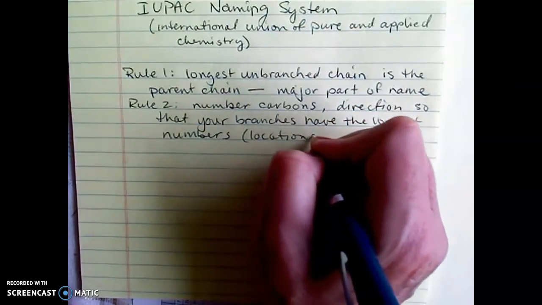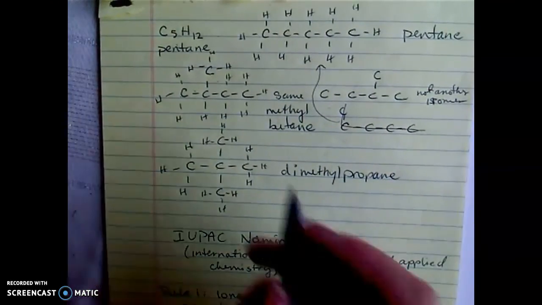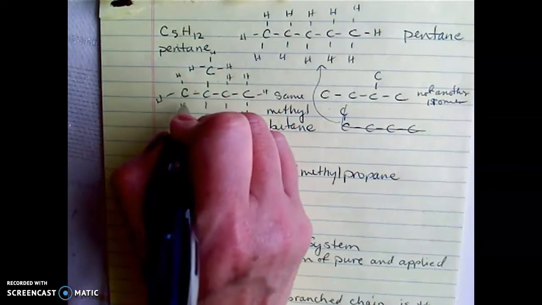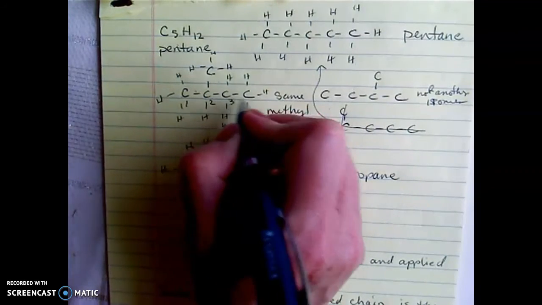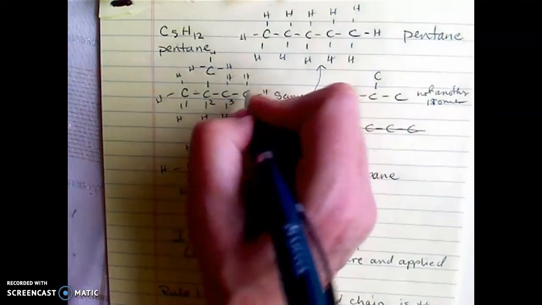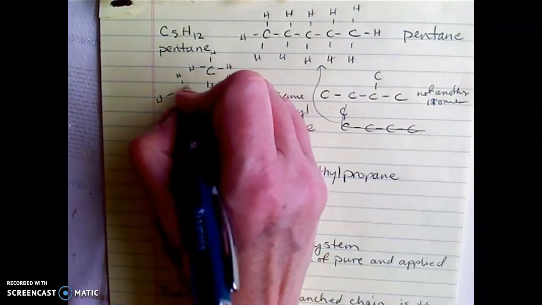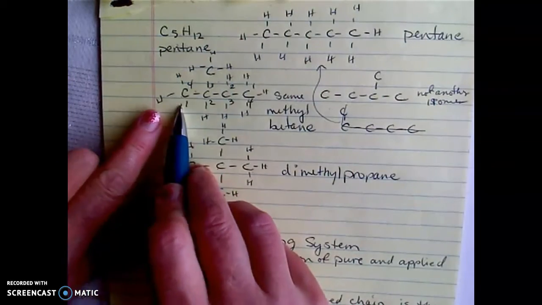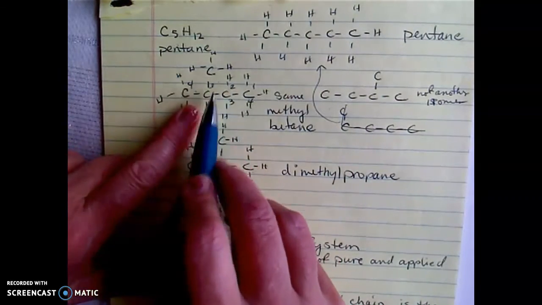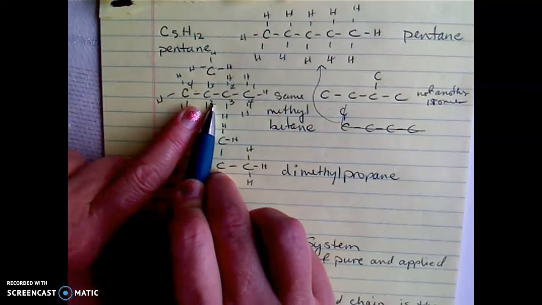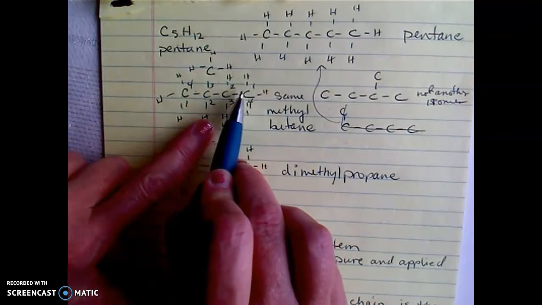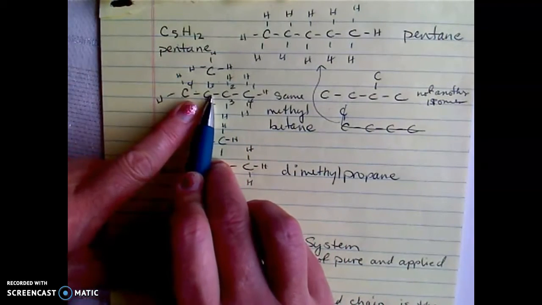So let's go back up to that sample that we had. With this, you can number it 1, 2, 3, 4, or you can number it 1, 2, 3, 4. Now if I number it this way, my methyl group is off carbon 2. If I number it this way, 1, 2, 3, it's off carbon 3.